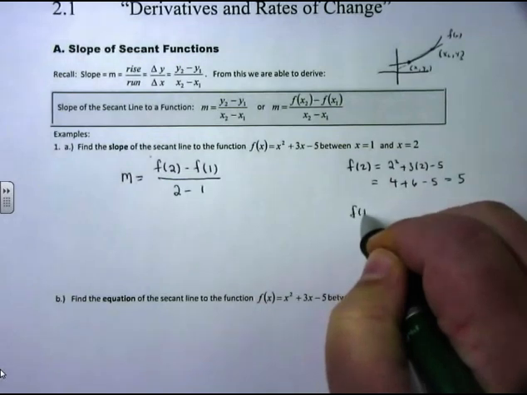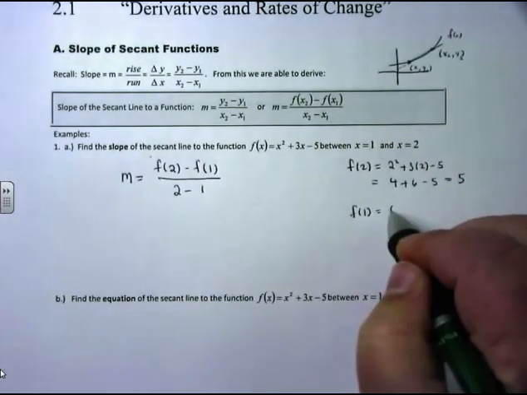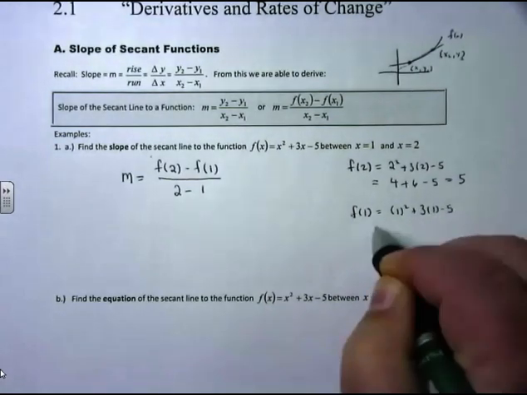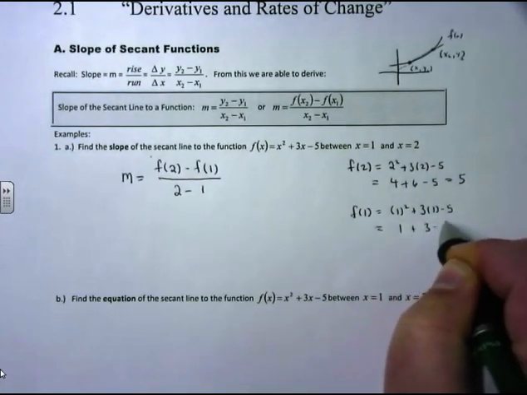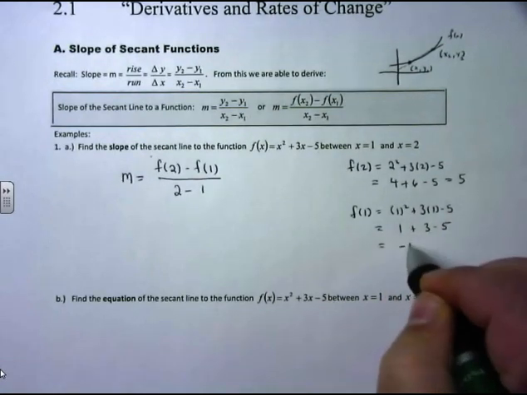And we need to calculate f of 1 to plug in here. f of 1 would be 1 squared plus 3 times 1 minus 5, which is 1 plus 3 minus 5, which equals, that's 4 minus 5, negative 1.